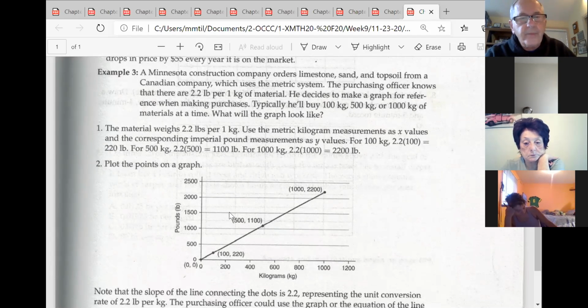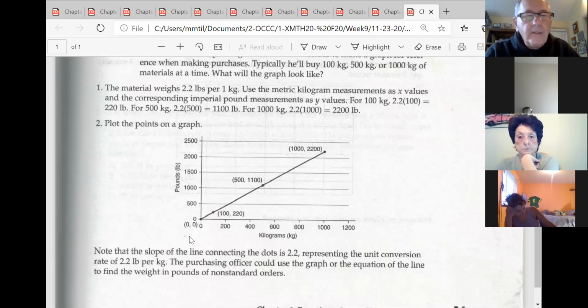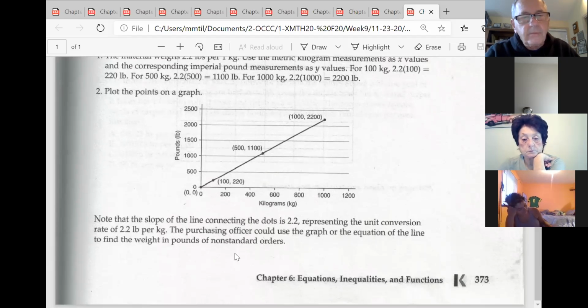That's the metric conversion of US pounds to kilograms, and that's all this graph is showing. It's supposedly helping him when he goes to order. He can convert it quickly into pounds or pounds to kilograms. Does that make sense? Again, the slope is constant, and it's 2.2 pounds per kilogram, because it's a metric conversion.